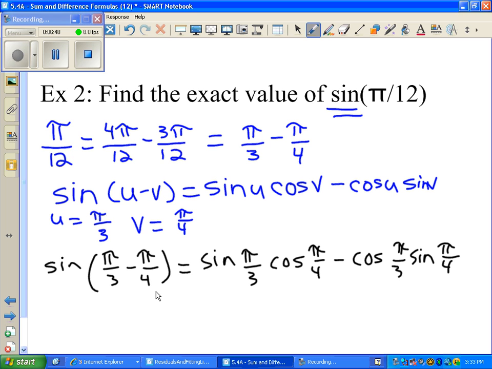Now I'm going to get an exact value because all of these are on my unit circle. The sine of pi over 3 is root 3 over 2. Cosine of pi over 4, root 2 over 2, minus the cosine of pi over 3, which is 1/2, times the sine of pi over 4, which is root 2 over 2.